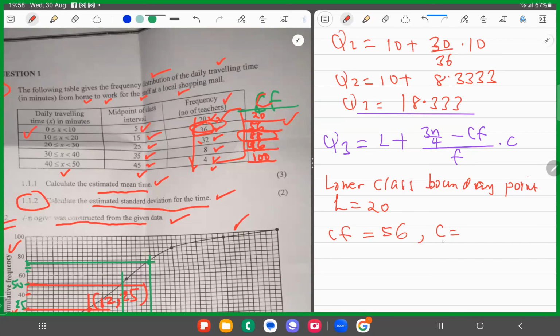So L is that, and therefore the frequency for the class 20 to 30 is 32, okay? And then now we have the 20 to 30, right? The 20 to 30.